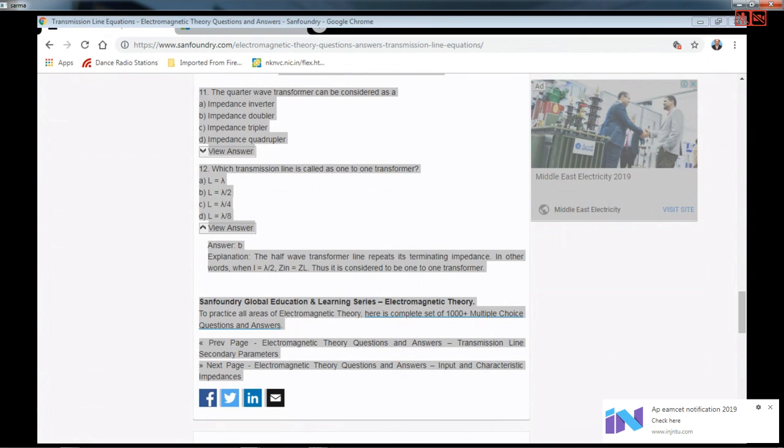If you substitute mod gamma as 1, then you are going to get S as infinity. So the VSWR is going to have a range of values from 1 to infinity. Minimum value is 1, maximum value is infinity.